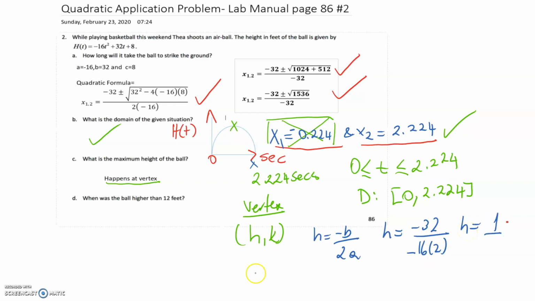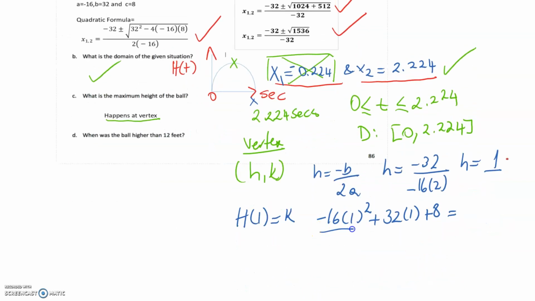If I plug 1 into the function, that will give me k. So that will be negative 16 times 1 squared, plus 32 times 1, plus 8. That turns out to be negative 16 plus 32 plus 8, which is 40 minus 16, so 24.